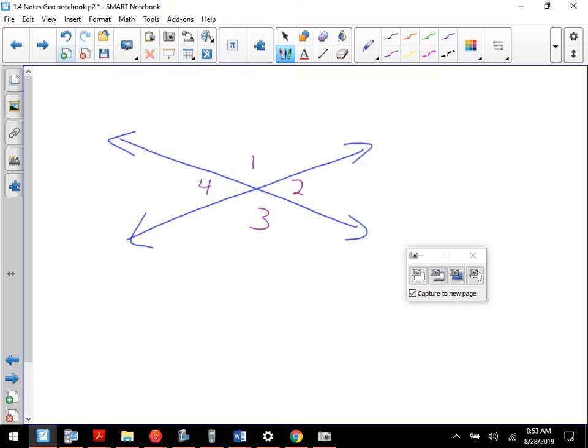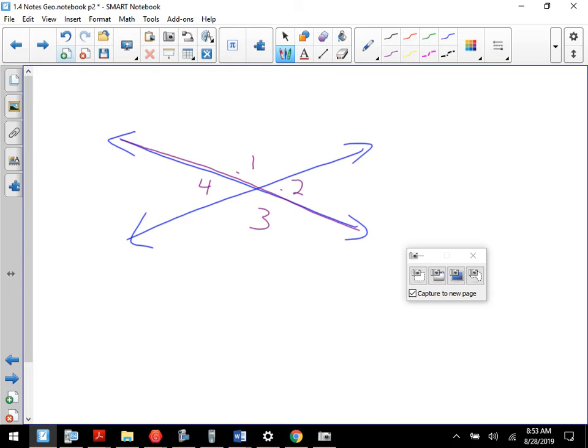They're supplementary, but more specifically, they are adjacent. The linear pair, good. The reason that they're a linear pair is because these two angles create a line, don't they? Which means you're right, they are supplementary, but more specifically, since they are adjacent, they are a linear pair. So I know that those two would have to add up to 180.